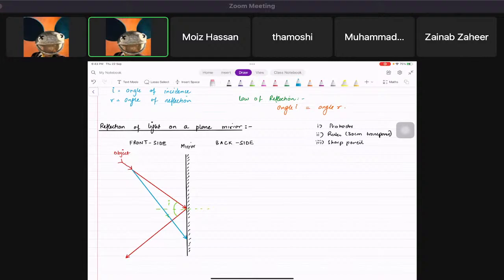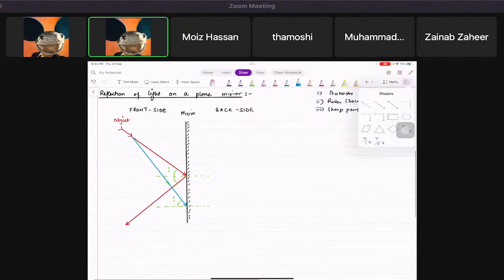And then you can draw a normal, and here it will be I, and measure the same angle and draw a reflected ray, the same angle, like this. So this is going to be R. Is it clear? So two rays, actually you need to draw two rays. Can you quickly do this, please?